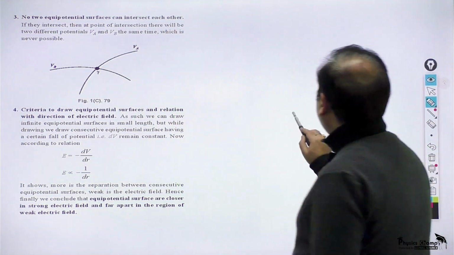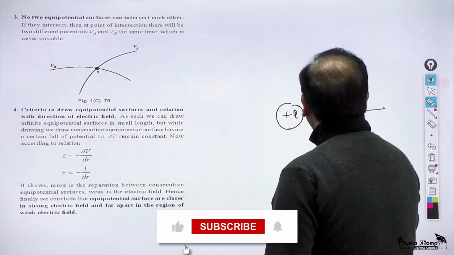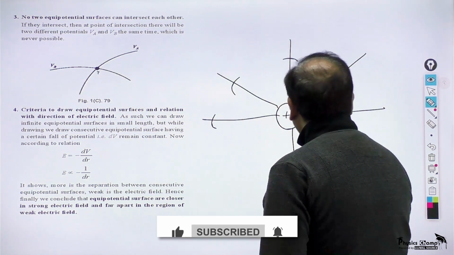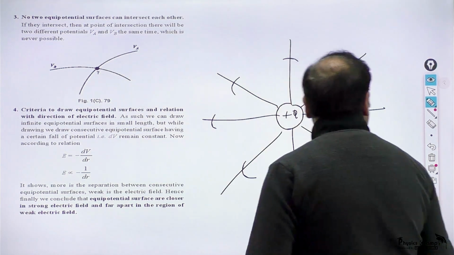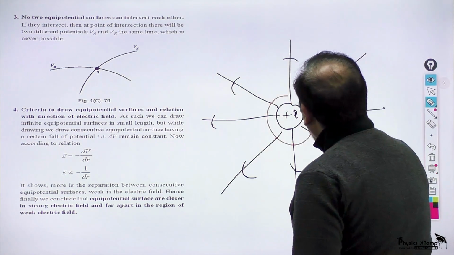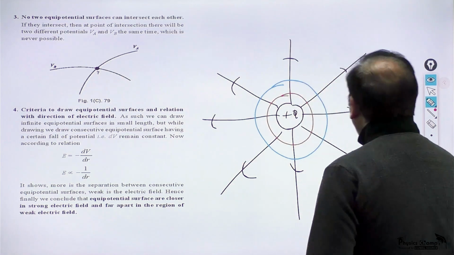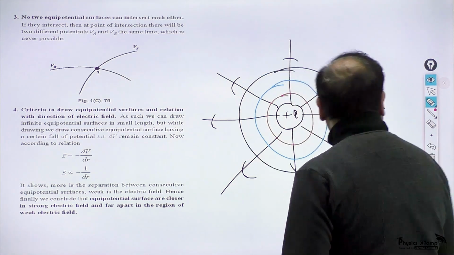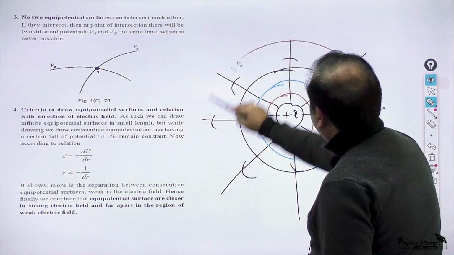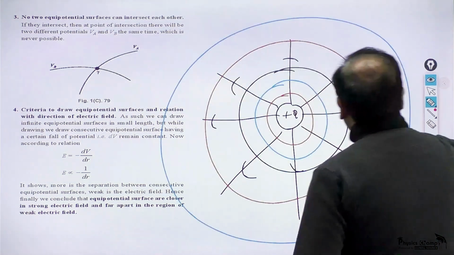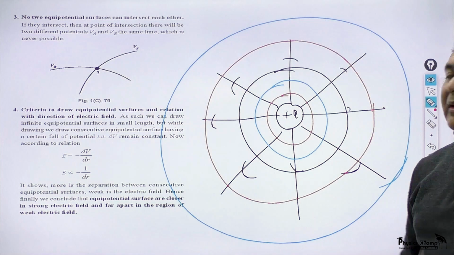So if you have a charge Q and this is the electric field, then obviously where the electric lines of force are closer, you have a stronger electric field. There the equipotential surfaces will be closer. The density will be higher. But as you are going away, when the potential is reducing, the consecutive equipotential surfaces will be farther.